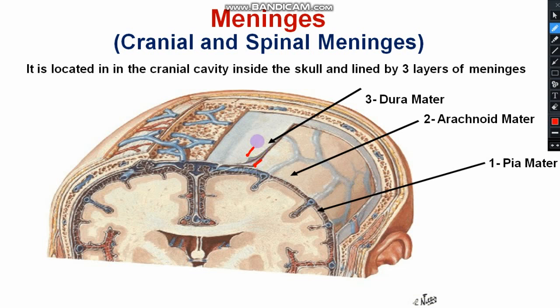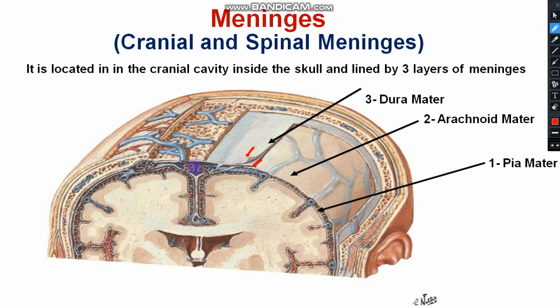Here we can see the skull bone, and the emissary veins, how the emissary vein drains into the sinus, and this is the dural venous sinus.